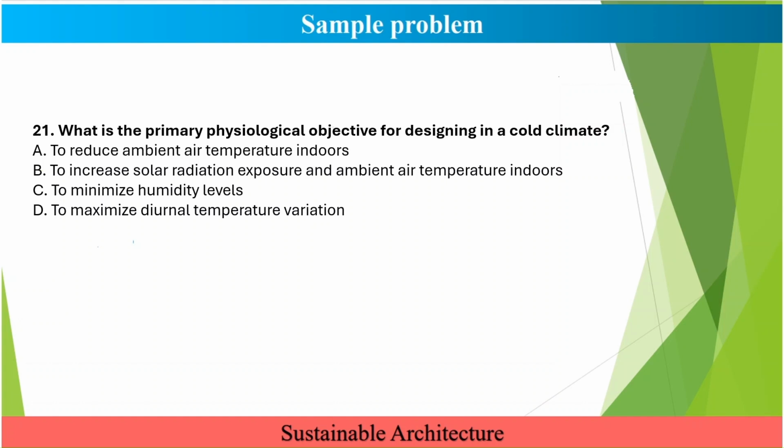B is the right answer. The need in colder climate conditions will be to increase the solar radiation exposure. We will design our architecture or buildings in such a way that we maximize the utilization of solar energy or solar radiation. Fine. Can we move to the next question?